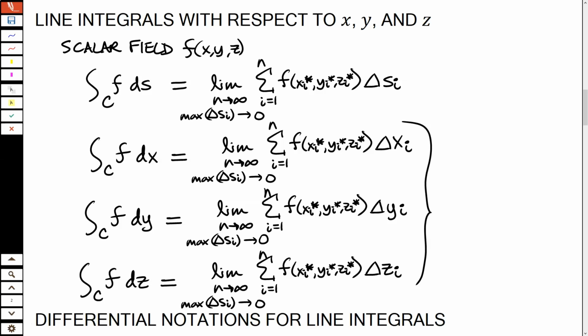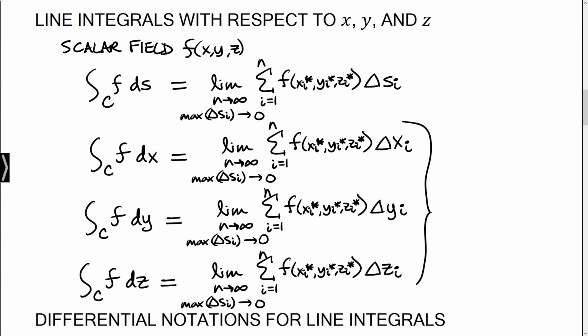Now, one thing to be super aware of: as we mentioned before, the integral of a scalar field with respect to arc length is independent of parameterization, but also of direction. Meaning if you go one direction, you're going to get the same thing as if you go the other direction.